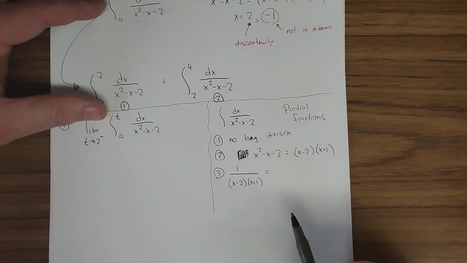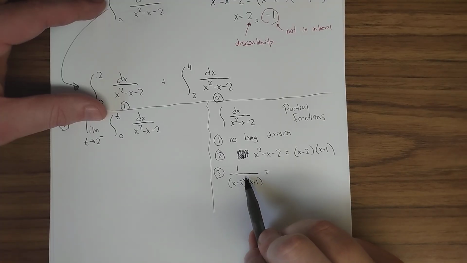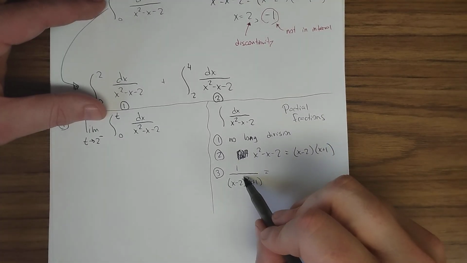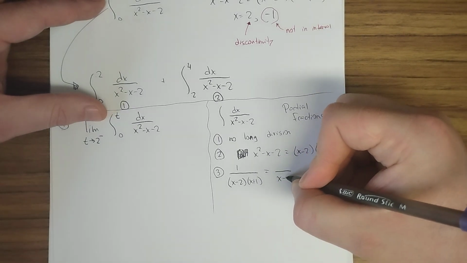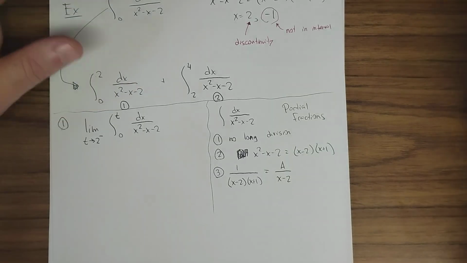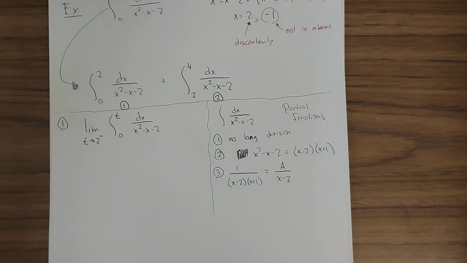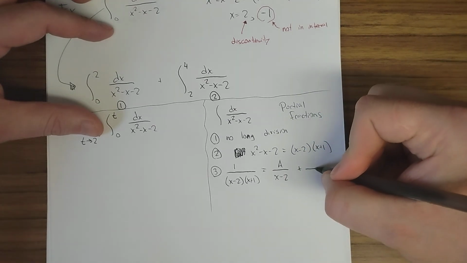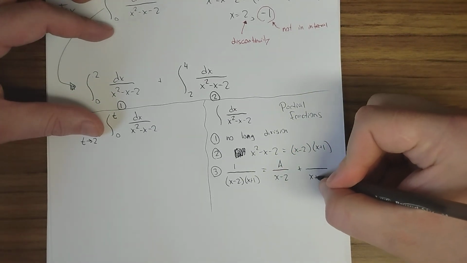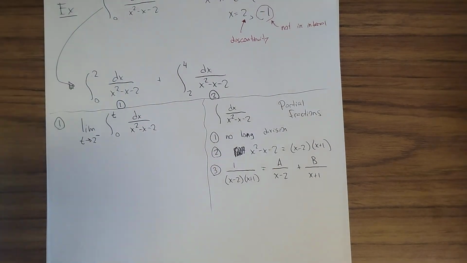Well, this is a simple situation. I just have a linear factor, there's no power on this, so it's like a 1. So I'm just going to have something with an x minus 2 on the bottom, and I'll stick a letter on top. I just go down the alphabet, so I start with an A, and then x plus 1 with a B.